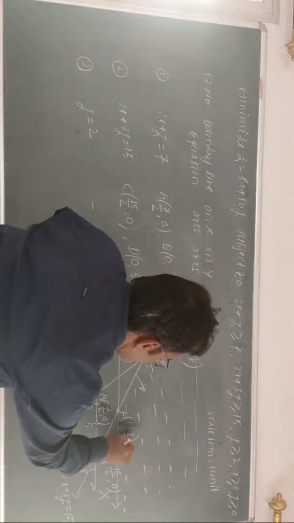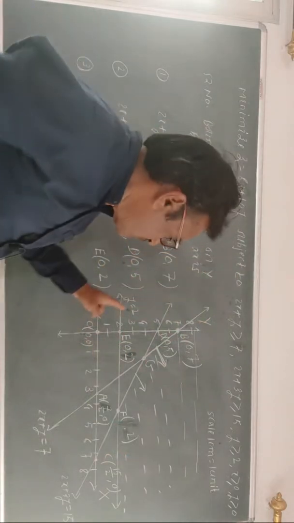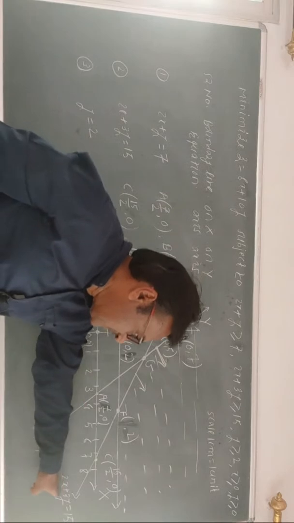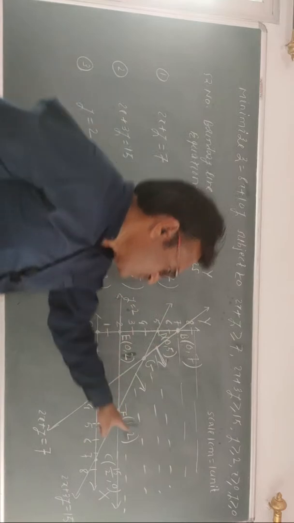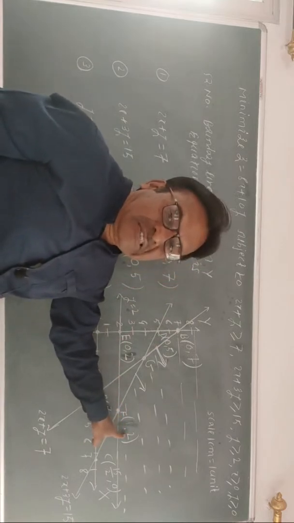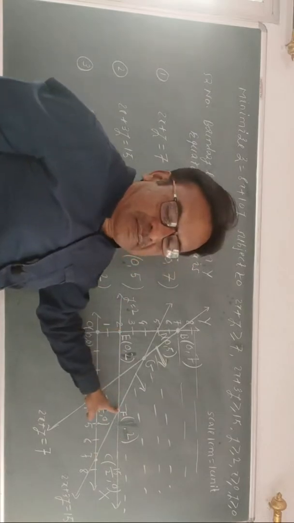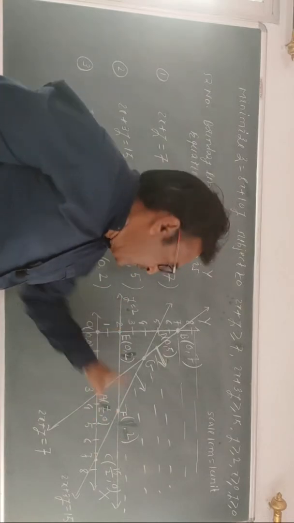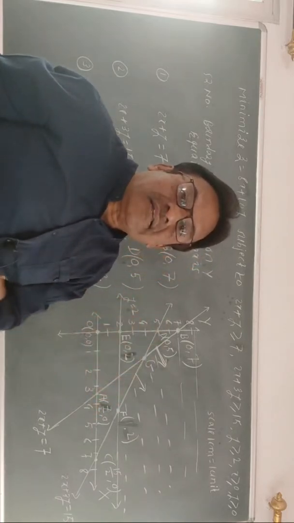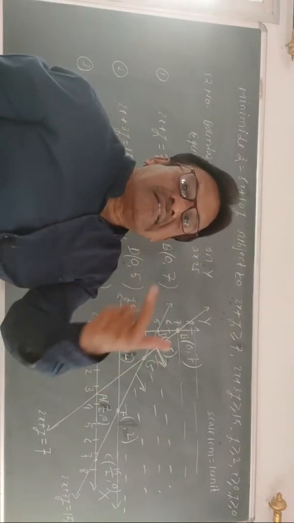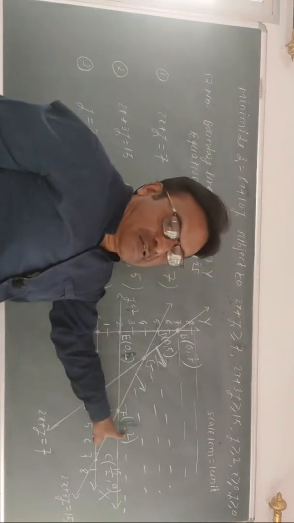So write here 2. After solving the equations y equals 2 and 2x plus 3y equals 15, the y coordinate is directly given, that is y equals 2. Because points E and F are collinear, their y coordinates are equal. Therefore the y coordinate is 2.